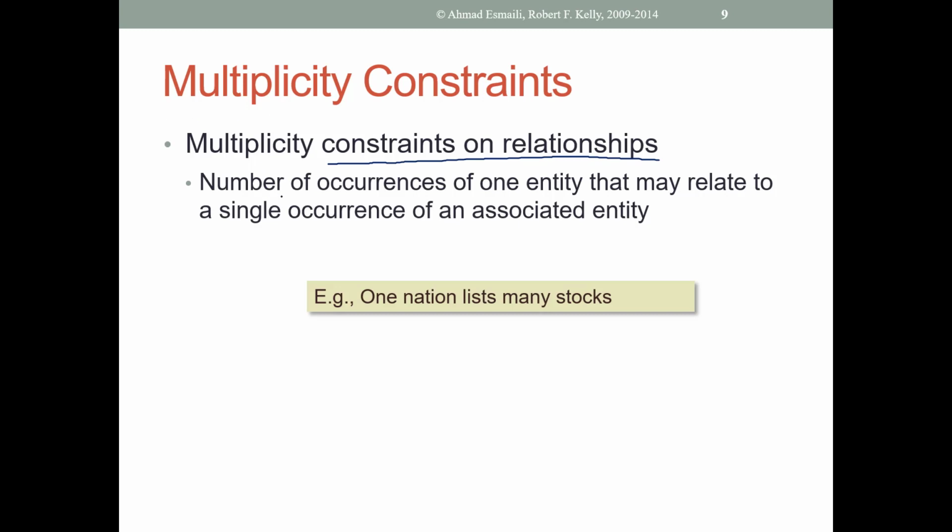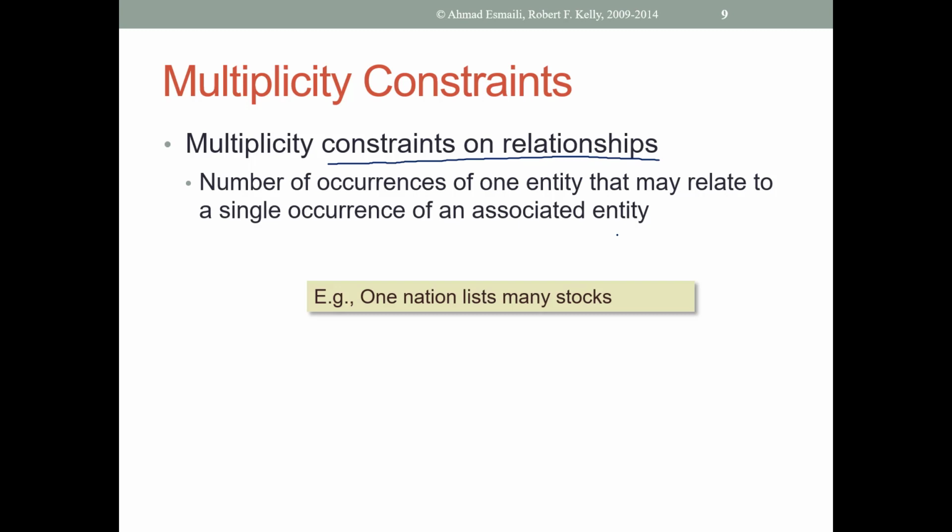Something that I was trying to explain in my own words is given more systematically here. Multiplicity constraints on relationships identify the number of occurrences of one entity that may relate to a single occurrence of an associated entity. So it explains the same thing that I was trying to explain, using much better wording.